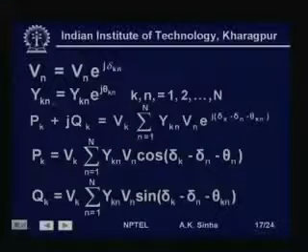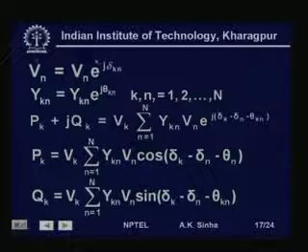Therefore, we will have an angle depending on the magnitude of g and b for this admittance. So, we have y k n is equal to the magnitude y k n into e to the power j theta k n.